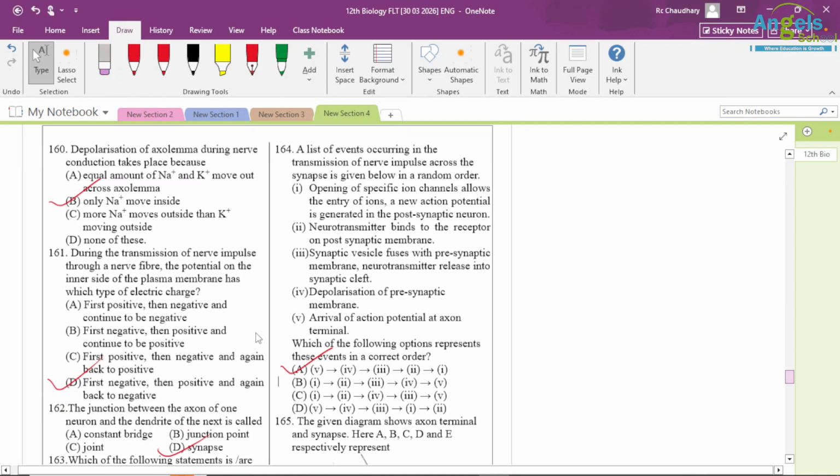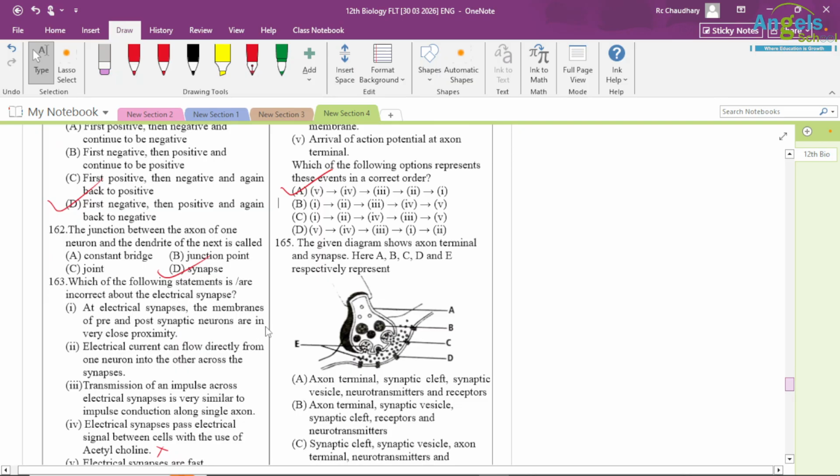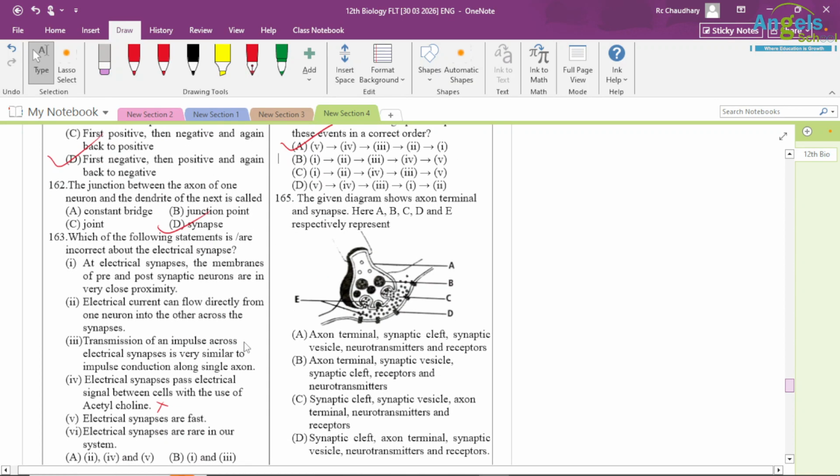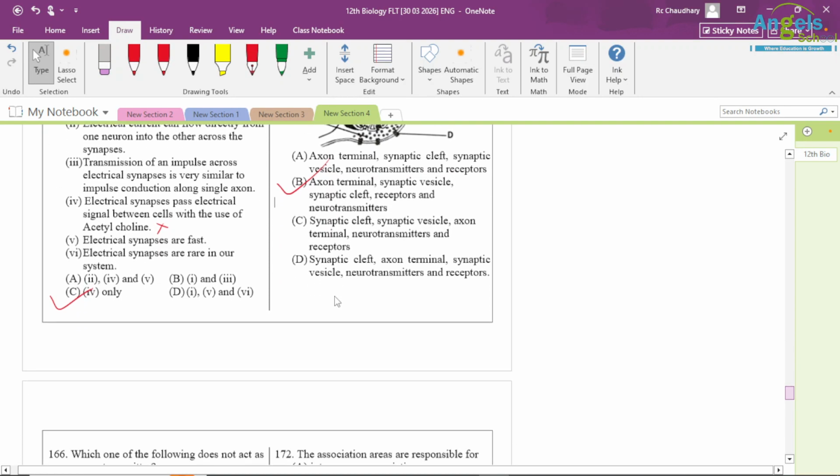Okay, you have to label a diagram again. So A is axon terminal, B is synaptic vesicle, C is synaptic cleft, D is receptors, and E is neurotransmitter. So B is correct. Question number 166. Which of the following does not act as a neurotransmitter?